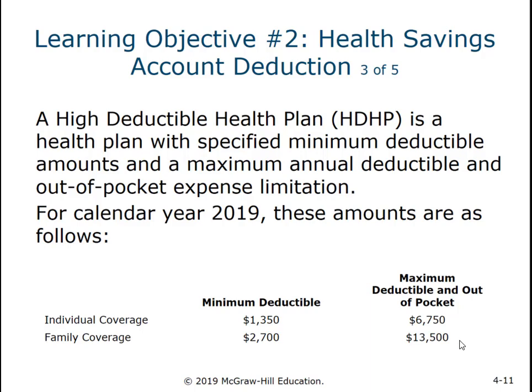So you have to have a specified plan and work that out with your insurance broker or with your employer-provided plan, and then to be able to have any HSA deductible amount, you have to stay within those parameters to be able to deduct it.